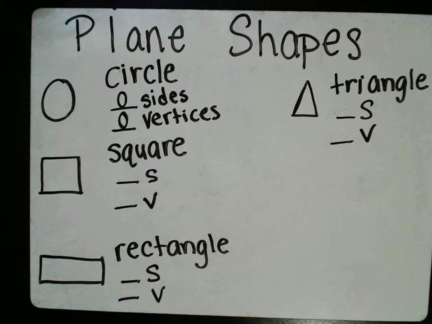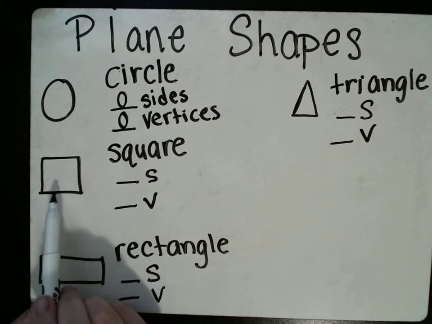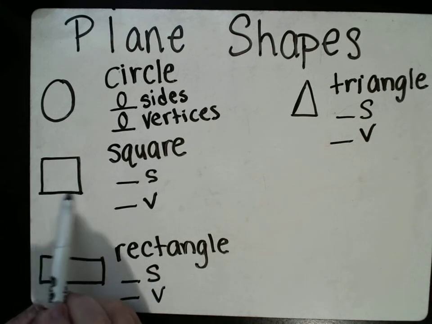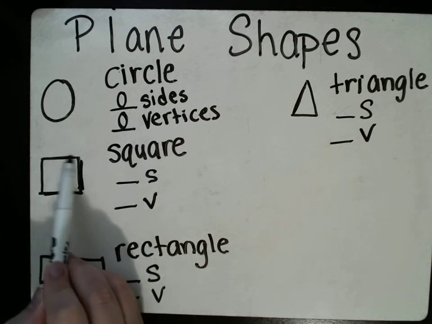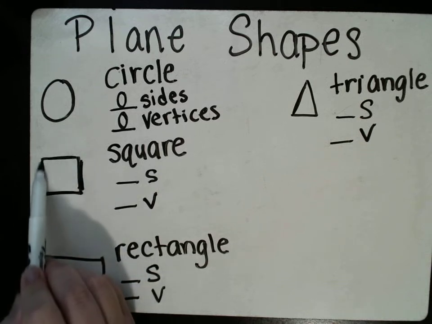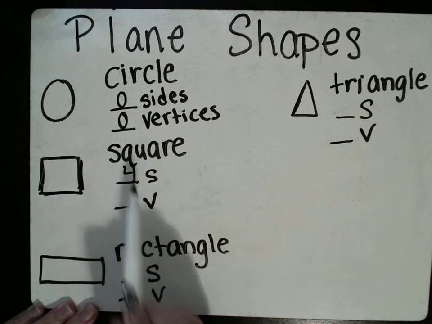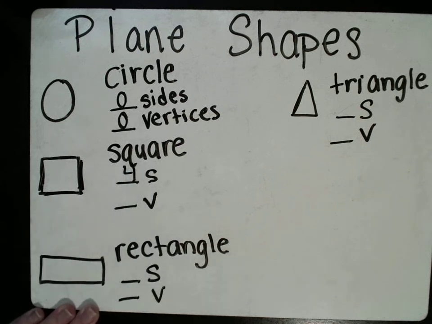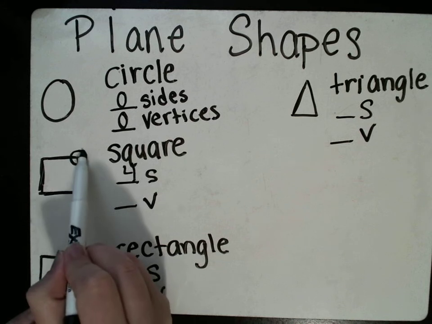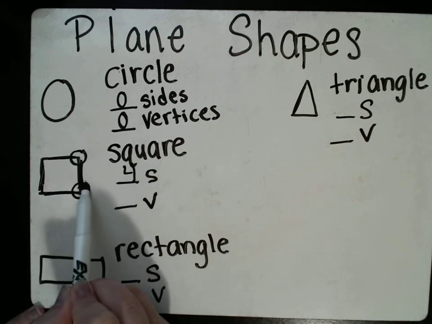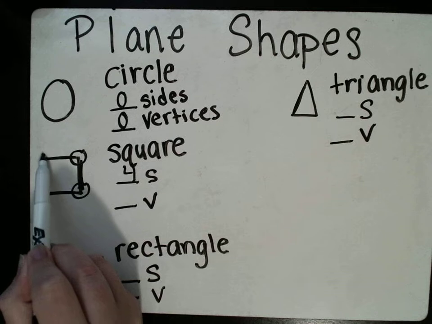A square has 1 side, 2 sides, 3 sides, and 4 sides. The number of vertices, again, vertices are where the sides come together to make a point. There's 1, 2, 3, 4.